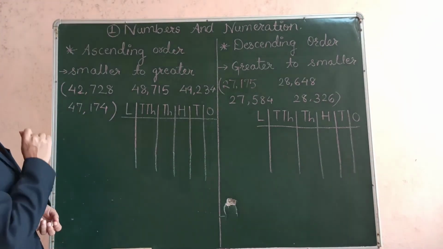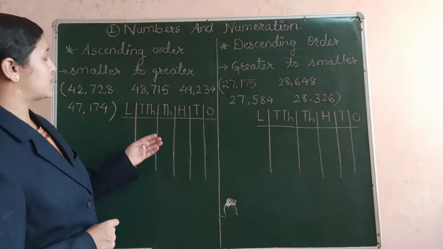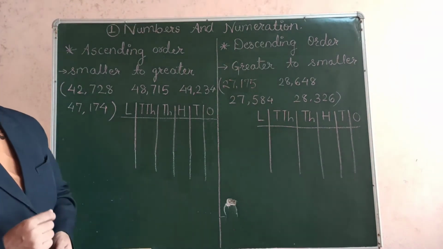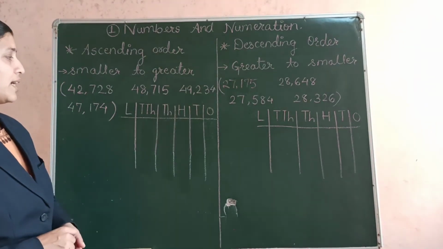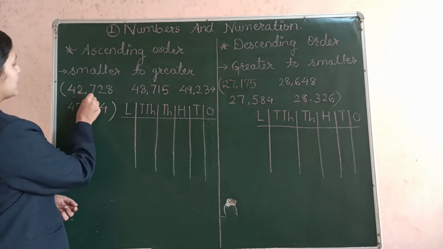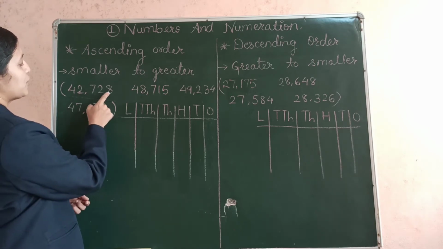Now, to identify the smallest number, we will first put all these numbers in this place value chart so that we can easily compare the digits according to their place values. First I will be putting the number 42,728.